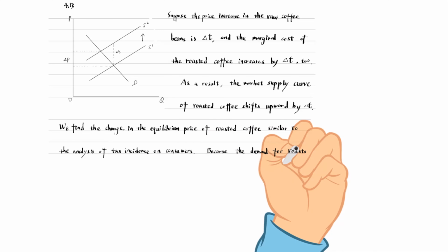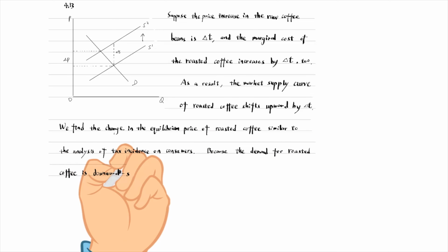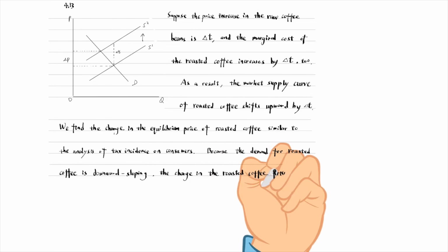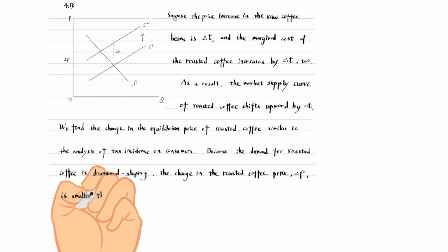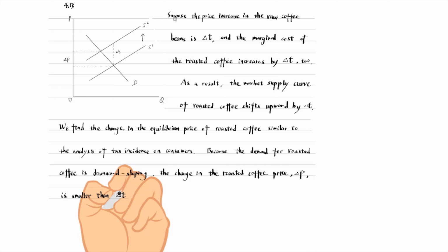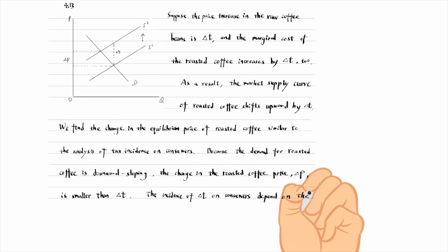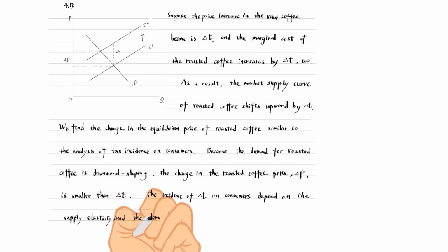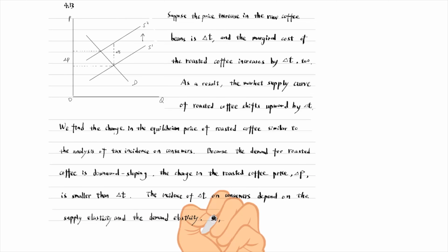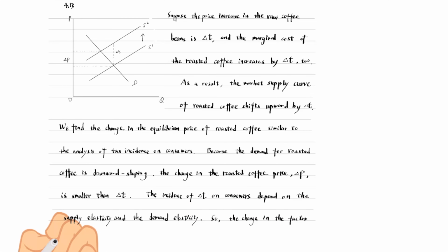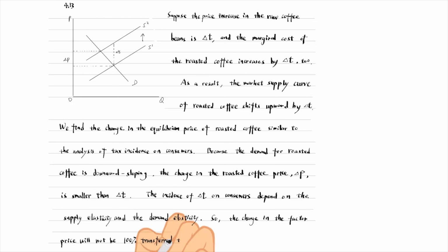Because the demand for roasted coffee is downward sloping, the change in the roasted coffee price, delta P, is smaller than delta T. The incidence of delta T on consumers depends on the supply elasticity and demand elasticity. So, the change in the factor price will not be 100% transferred to the price consumers pay.